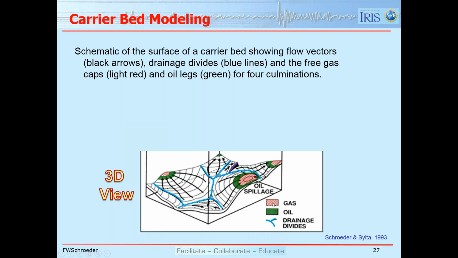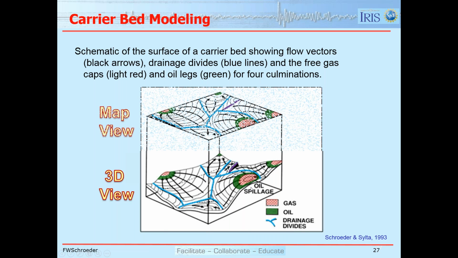The light red is meant to represent gas caps. The green is meant to represent oil legs. And the black arrows are meant to represent the secondary migration flow paths that we would predict given the particular structure. So this is the 3D view.